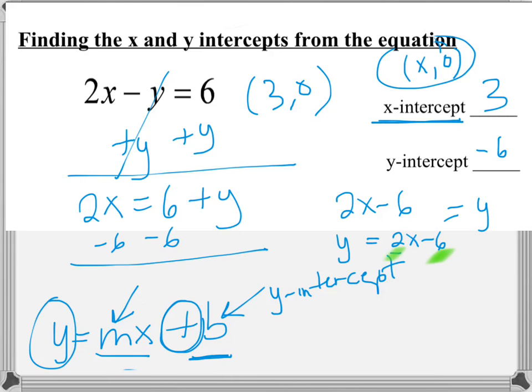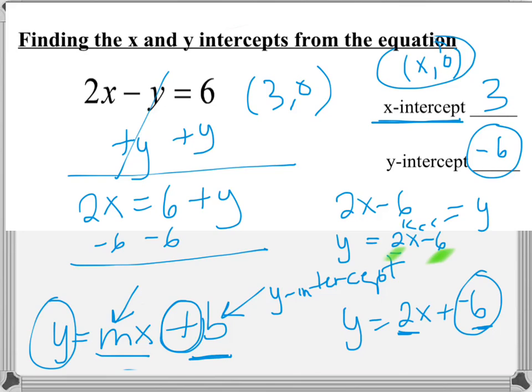So I'd have to take this one step further and do keep, change, change here. So it'd be y is equal to 2x plus negative 6. So here is the slope, and the y-intercept is negative 6. We're going to talk more about this in the next lesson, but I just wanted to give you a feel for it right now. Okay, and look how this confirms what we got right there.